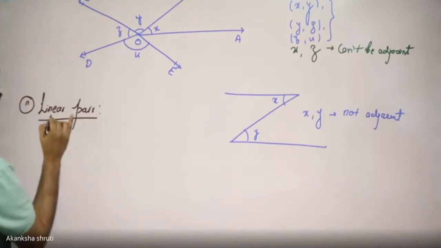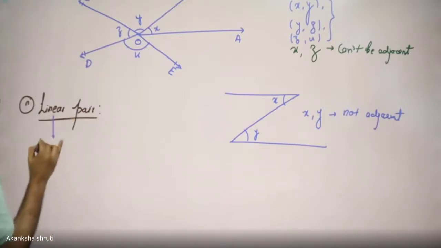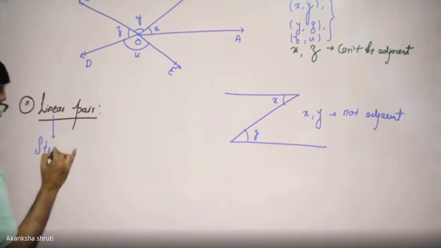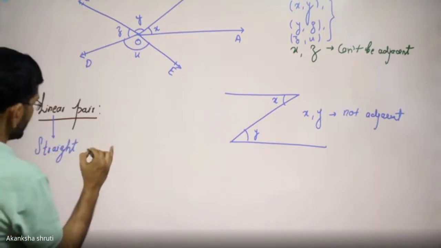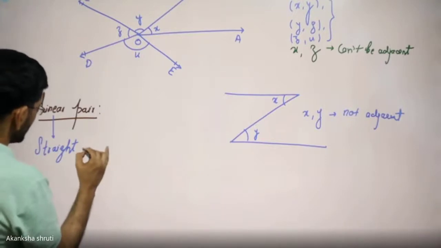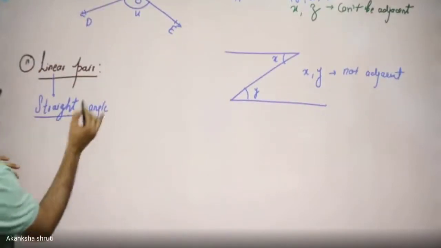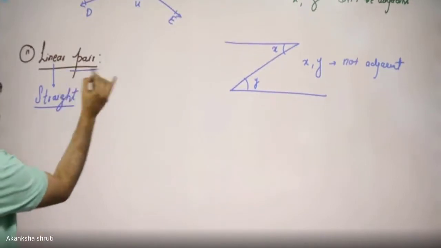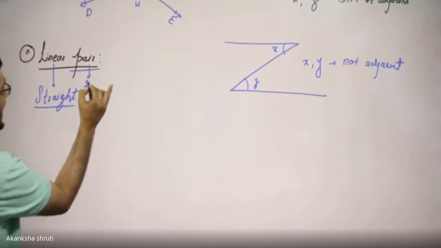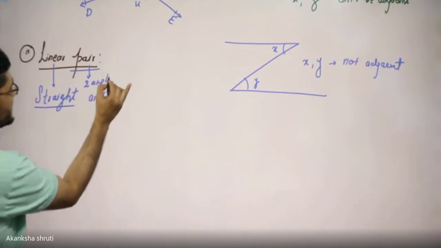Students, the term linear simply means it is a straight line or a straight angle. How could this be the straight angle pair? It is a pair, which means two angles have to be taken.